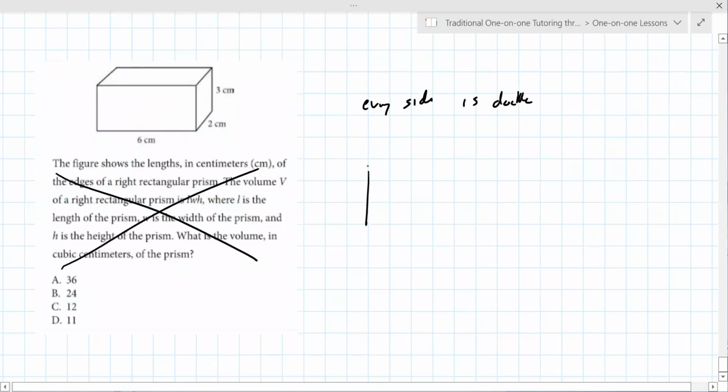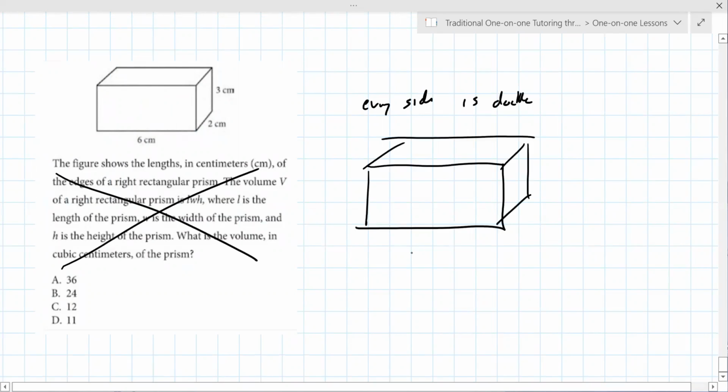So that means it's now 12, 4, and 6. I know you can multiply those three numbers together, but if you're doubling each side, it's 2 to the power of 3 bigger. 8 times bigger. And I think you said this was 36. So when you multiply 12 times 4 times 6, you're going to get 8 times 36.